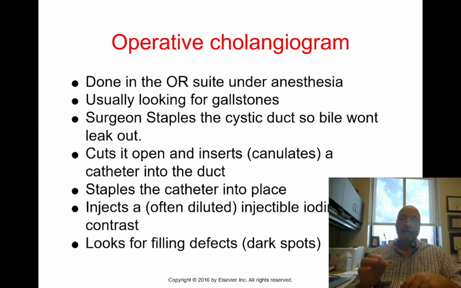But if they've got a gallstone, the gallstone is radiolucent, meaning x-rays go through it very easily. So since it's radiolucent amongst all this radiopaque contrast, what you'll see is it almost looks like a hole in the contrast. So there's only one of two things that are going to give it that dark appearance, and that is either there was a bubble in the syringe and the bubble got into the duct, or there's a stone. So if it's a bubble, you're going to see that bubble move, but if it's a stone, the stone's going to stay in the same place.